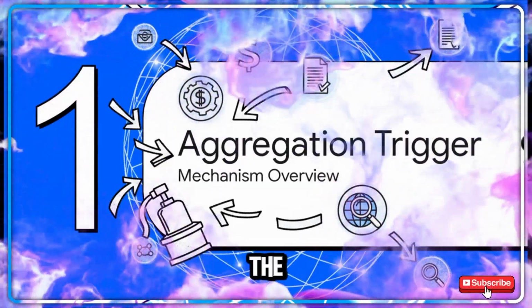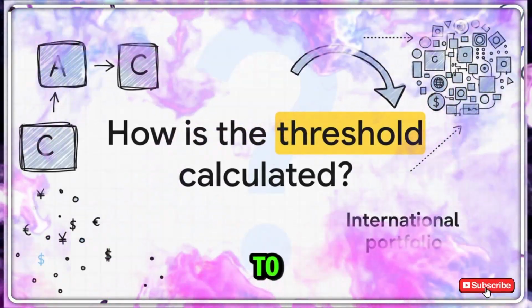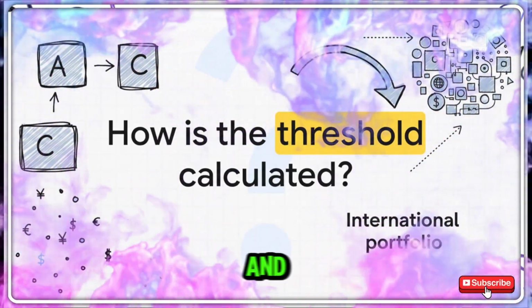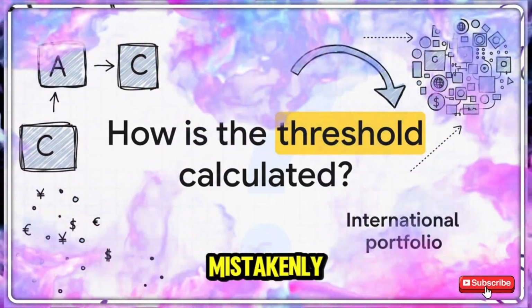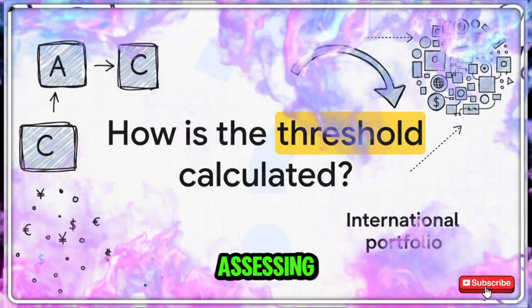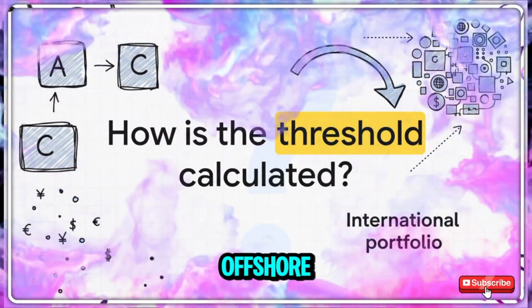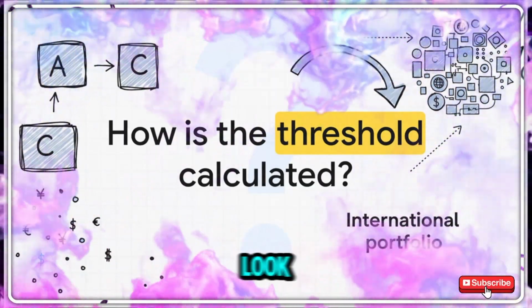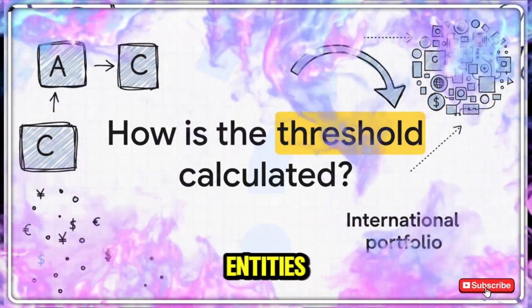Section 1, the aggregation trigger mechanism. This brings us to the foundation of the entire regulatory net, and quite frankly, an implicit assumption that so many individuals mistakenly make. When assessing their reporting obligations, people naturally tend to look at their offshore accounts in total isolation. They look at Statement A, then Statement B, and treat them as totally separate entities.